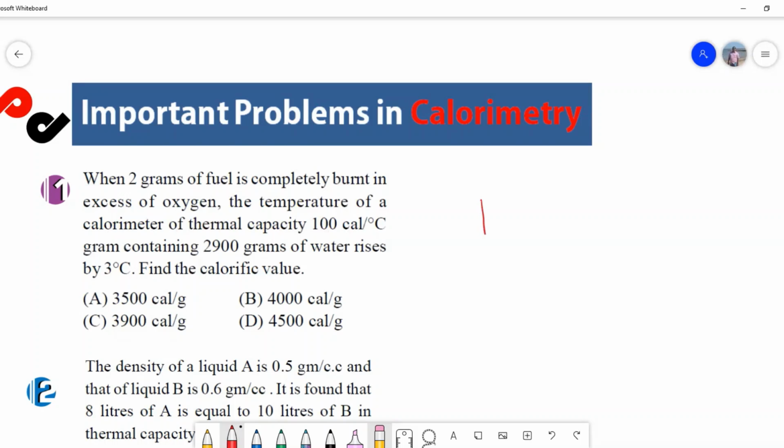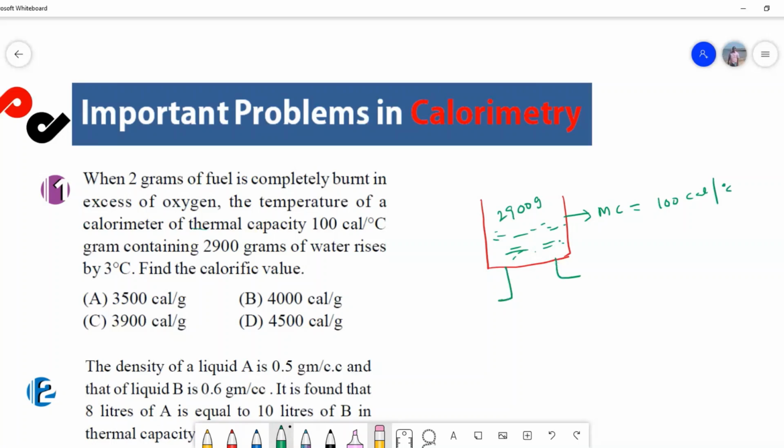So let us take a beaker. In this beaker, we have water. And how much is the mass of water? 2000 grams. And for the calorimeter, the MC, heat capacity or thermal capacity, is given as 100 calorie per degree centigrade.